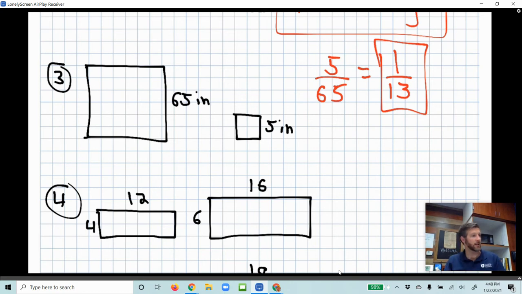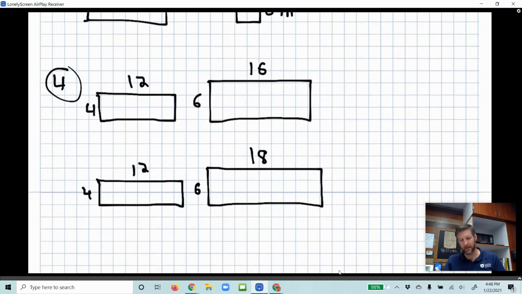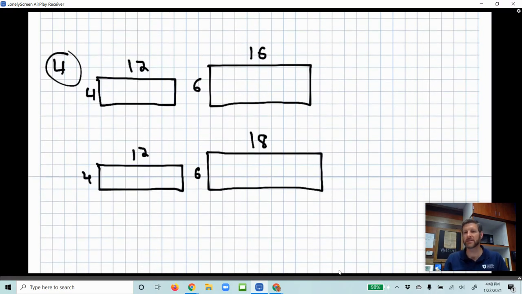And finally, last one, number 4. How do you check for similarity? And again, I kind of did this when I was defining similar polygons, but let's do it again. There's a number of ways you can check, but I'll say there's 2 ways. You can set up a proportion and see if your cross products work, or you can see if they have the same similarity ratio.